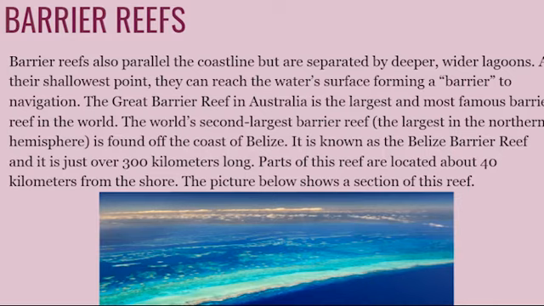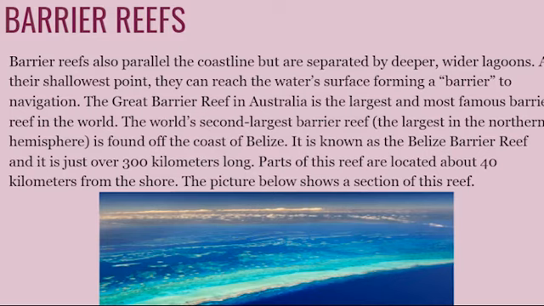It's not quite at the surface, but it continues down, and it says it continues for about 300 kilometers. All right, so this is just showing a small section of the reef, and remember, it's the largest in the northern hemisphere, and it's the second largest in the world. So you can imagine how long it is.